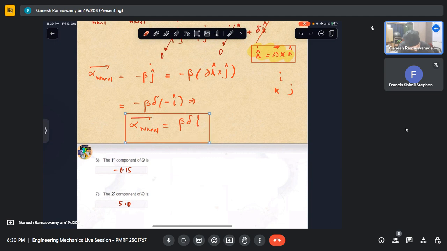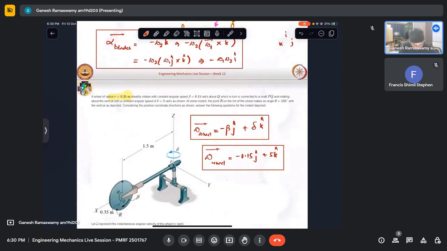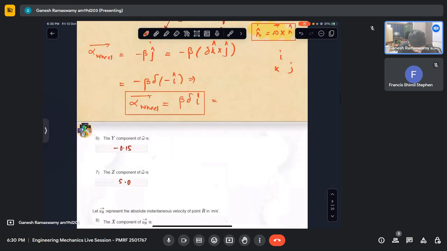Very well. So if we were to substitute the values, what will this come out to be? We have beta as 0.15 and we have delta as 5. So 5 into 0.15 I cap. So what is that amount? Quantity is 0.75.